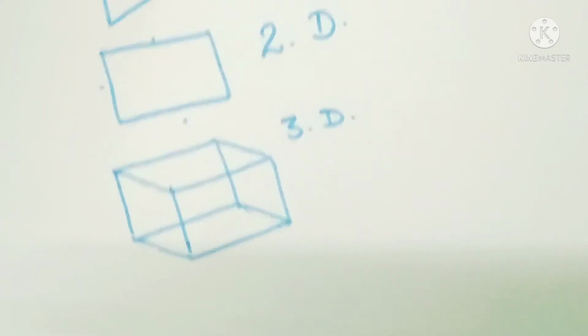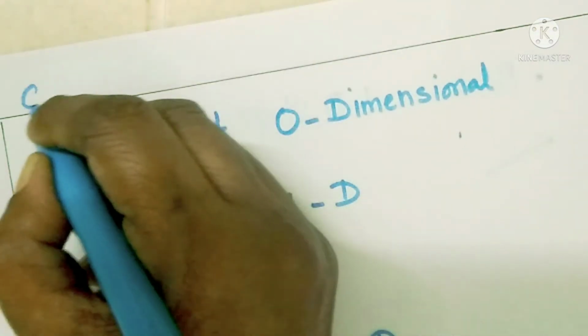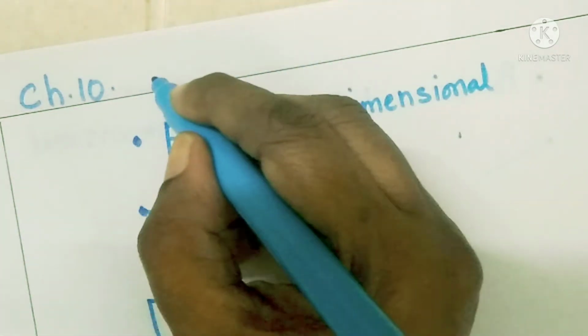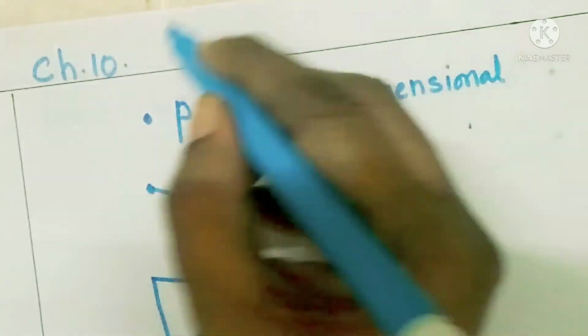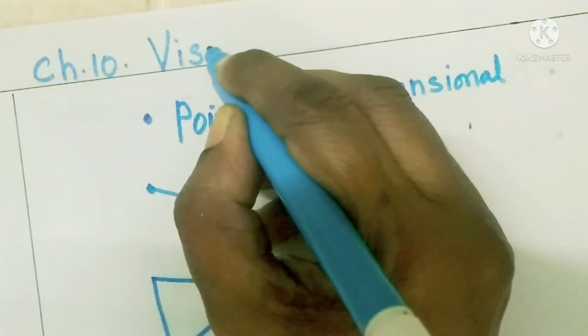So in this chapter, that is chapter number 10, we are going to learn about solid shapes. The name of the chapter is Visualizing Solid Shapes. Visualizing means what?